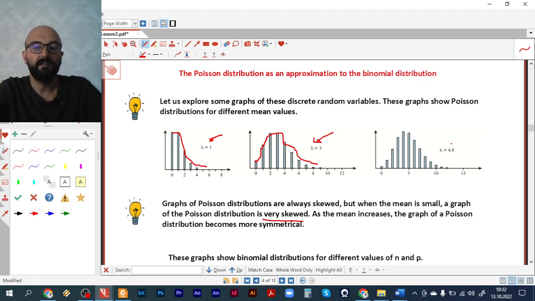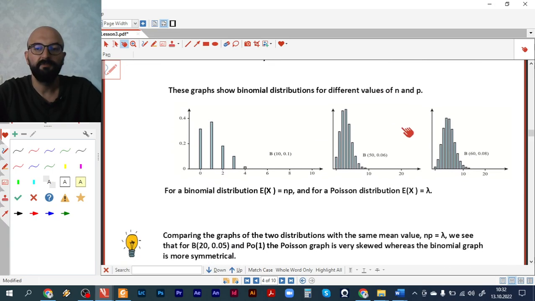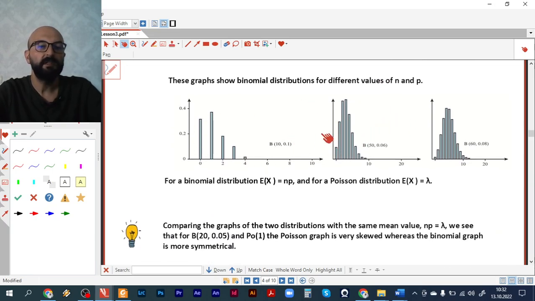And if lambda is a bit bigger than before, your curve becomes very symmetrical. And if you look at the binomial distribution graphs, the first value means n, the second value is pi, the probability value.